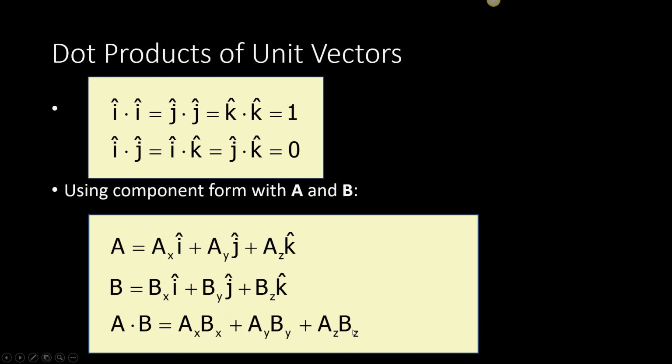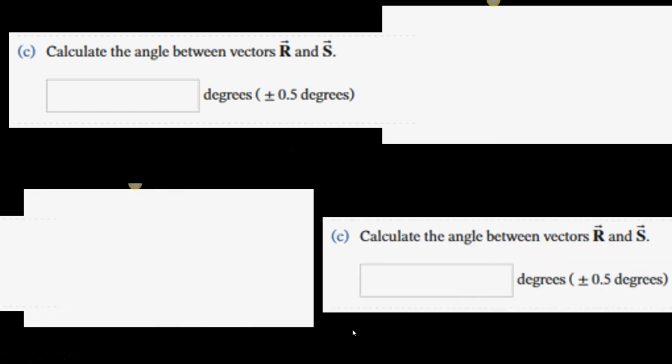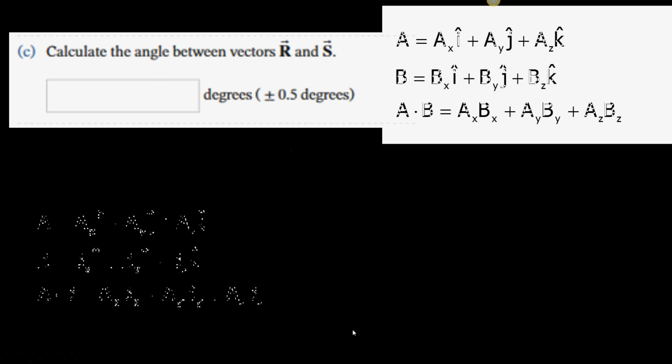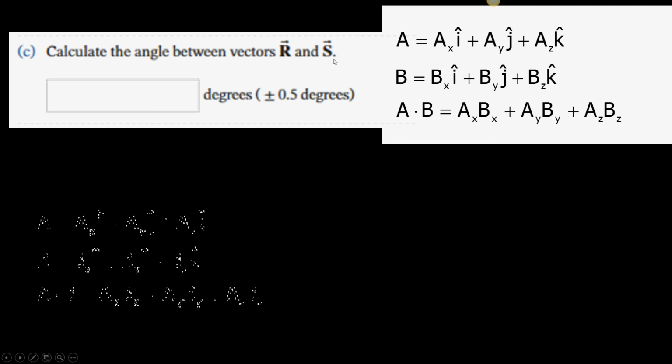So one of the things we might do is try to find the angle between vector r and s in degrees. So we go back to our definition, and in this definition, A is going to be r and B is going to be s. Okay? We could have switched those because of the commutative law of multiplication. It would not have mattered for the dot product.